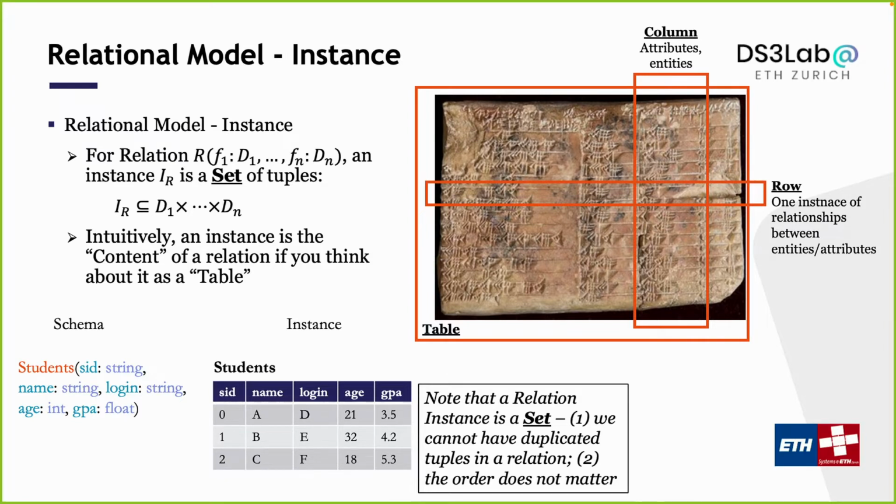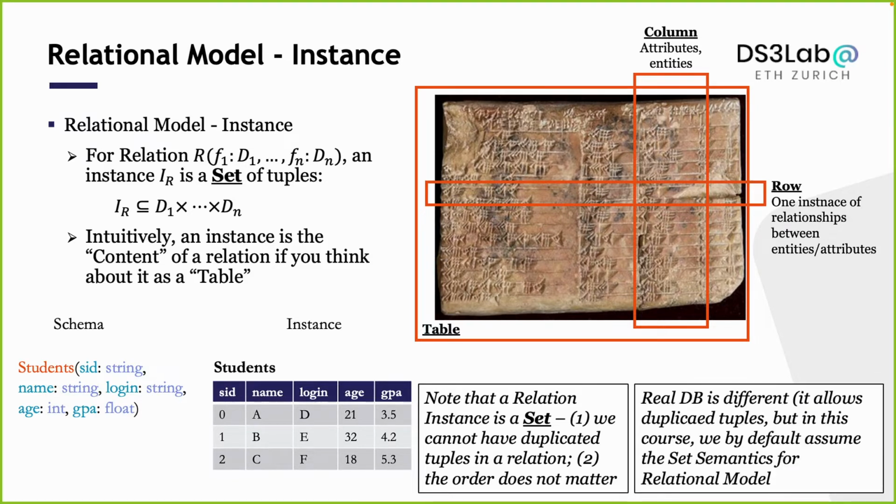I cannot have 2 elements that are the same in a set. That's different from a table on a piece of paper. And second, because it's a set, the order doesn't really matter at all. The system has no idea of the order of the data being stored because it's simply a set. There's no order. So this is something really important about the relational model.